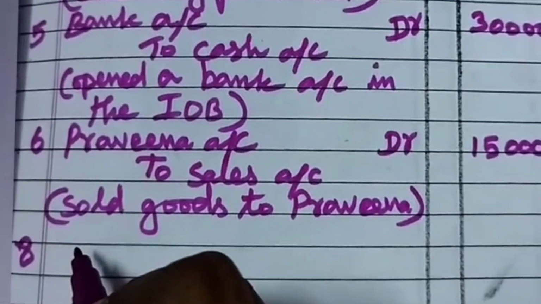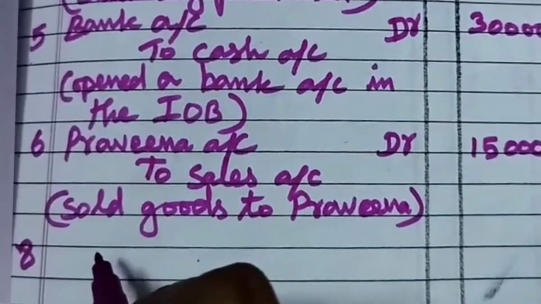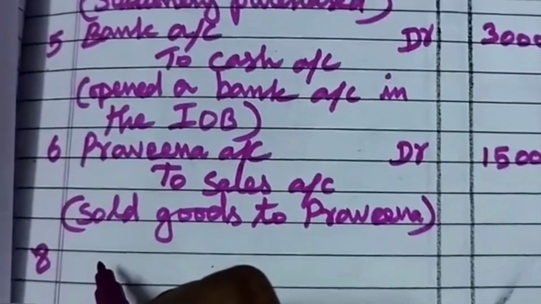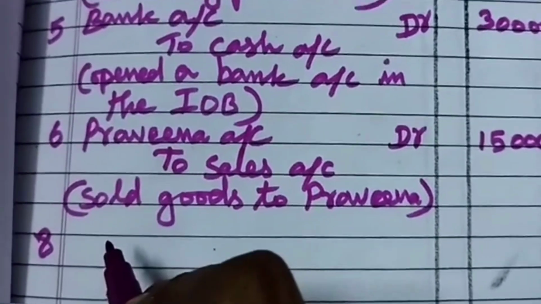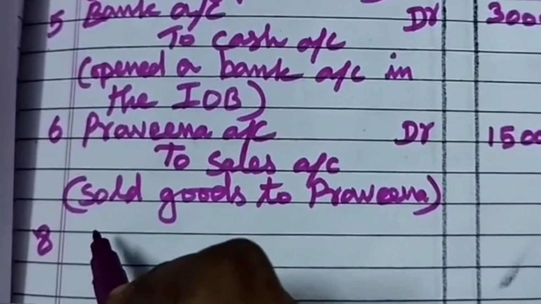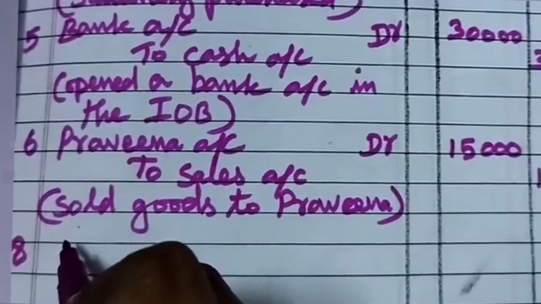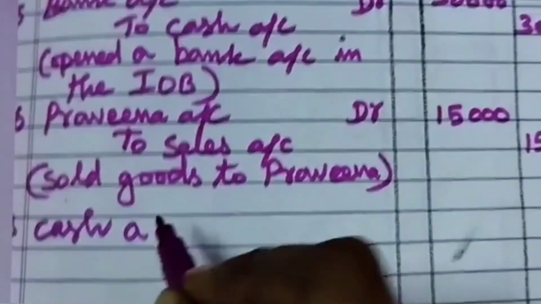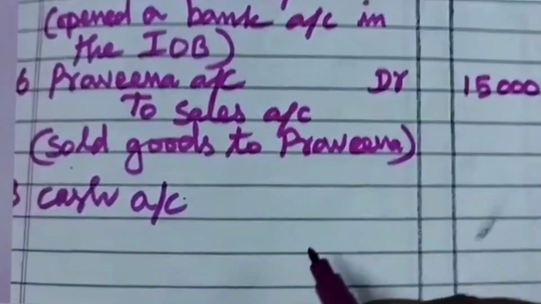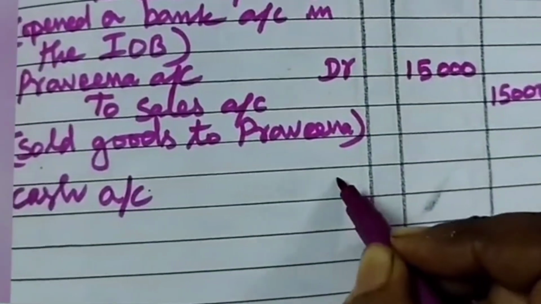Here see, goods are going out, cash is coming inside. As per real account, debit what comes in, credit what goes out. So cash is coming inside. So cash account should be debited.